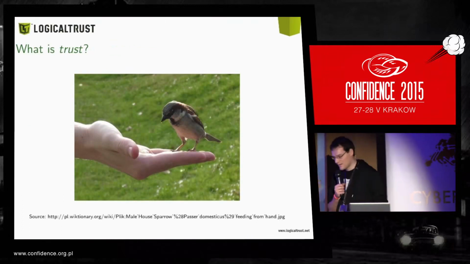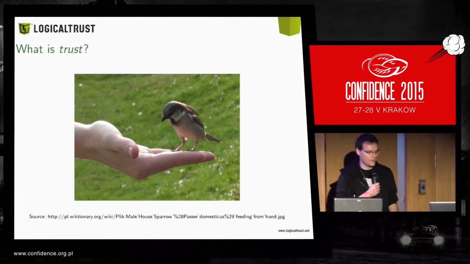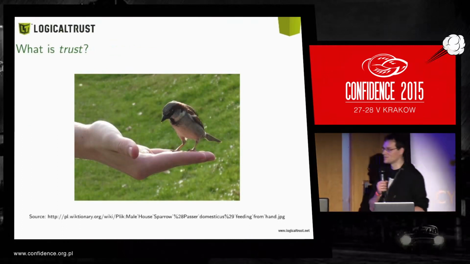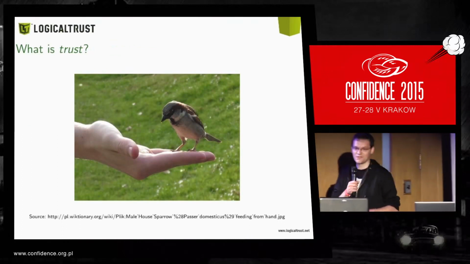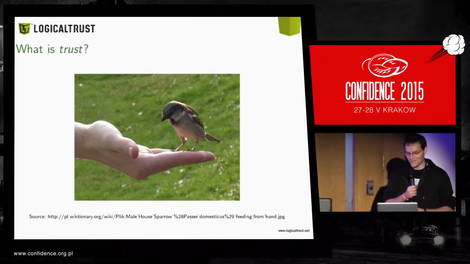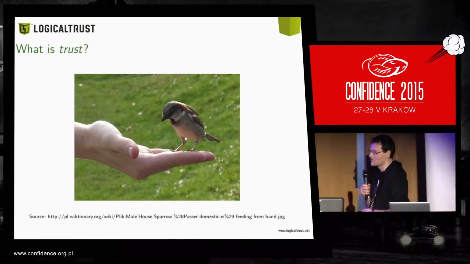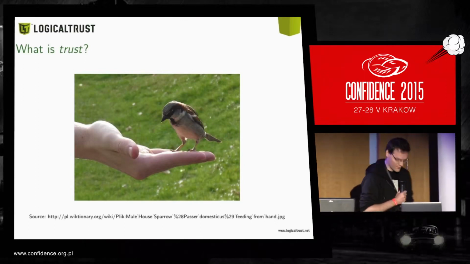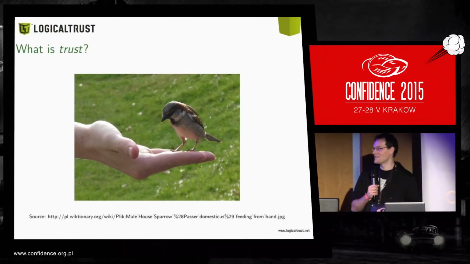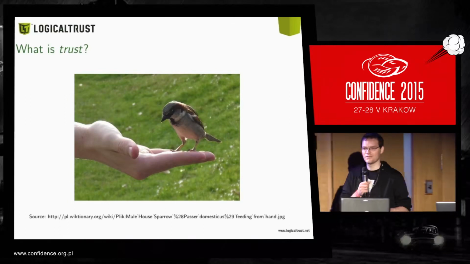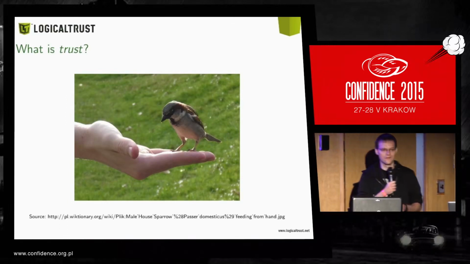So instead of weak dictionary definitions, I decided to put an image on the slide because some people believe it's worth more than 1,000 words, and I agree. And what do you think? Are we the hand that feeds or the bird, regarding software security?